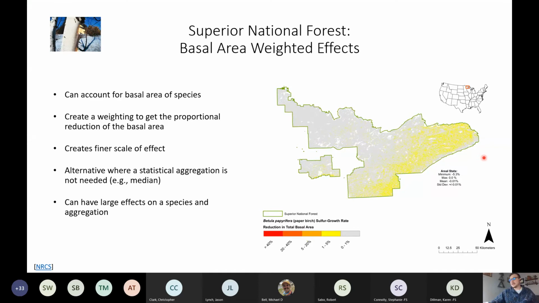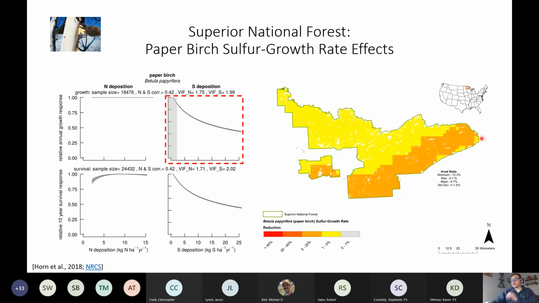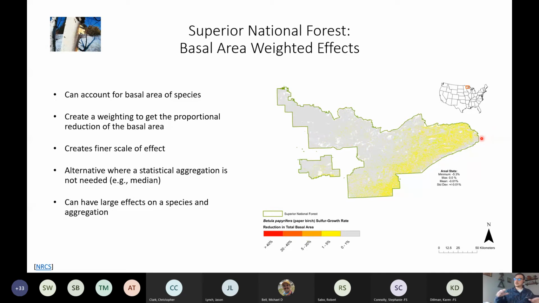And so now we're looking at the reductions in total basal area for paper birch, related to its growth rate. So you can see kind of the difference between the two. I'll hop back real quick. You can see these large swaths, but then once you take it into the proportion to total basal area, you see lower reductions occurring. So, throughout here, anywhere ranging from 0 to 1% reductions in the total basal area, just for paper birch.